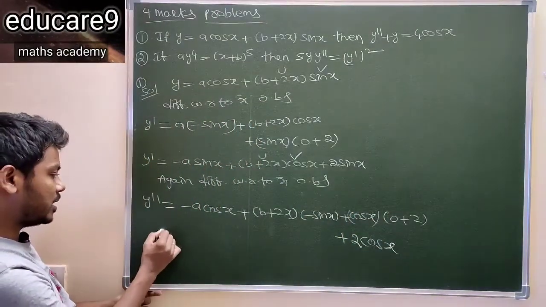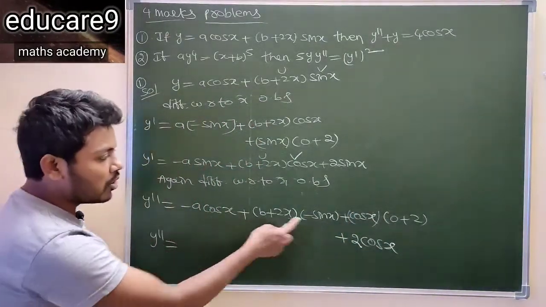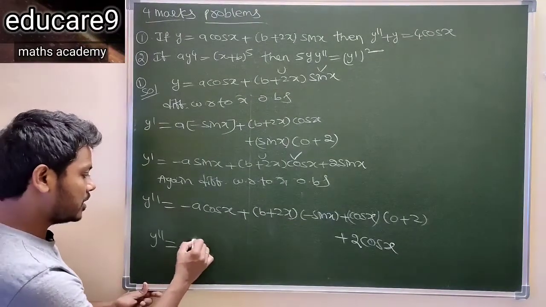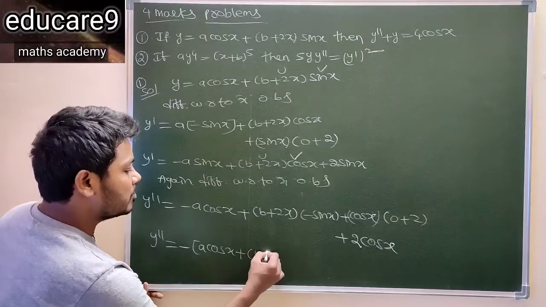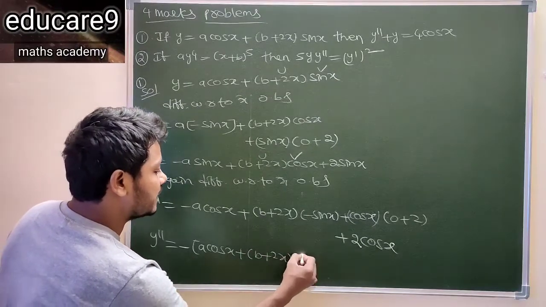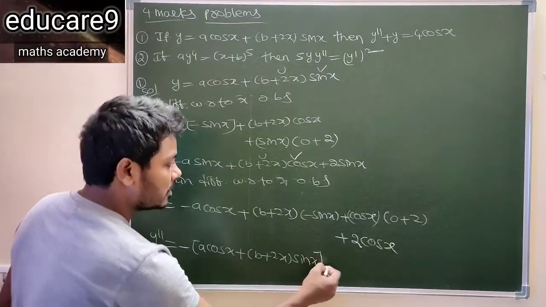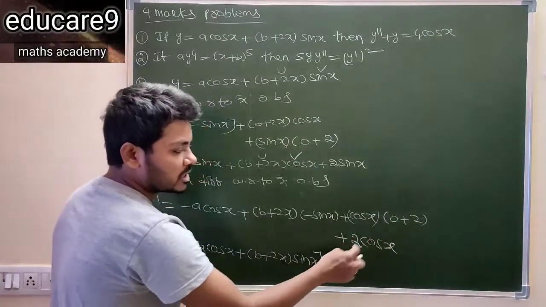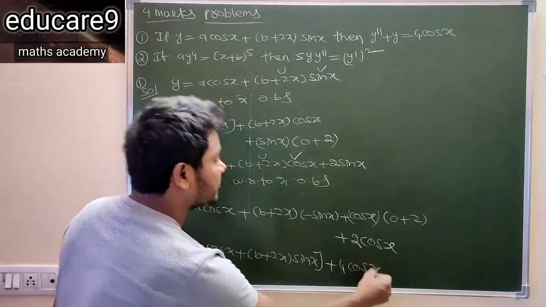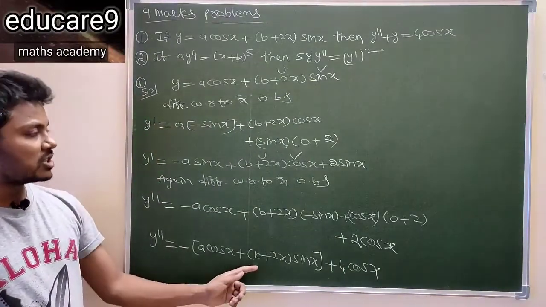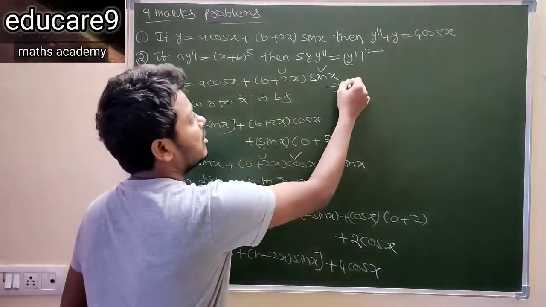So this is y double dash is equal to, in both terms minus is common, you will get a cos x plus b plus 2x sin x, remaining 2 cos x plus 2 cos x, that is 4 cos x. So clearly what is this value? This is y.